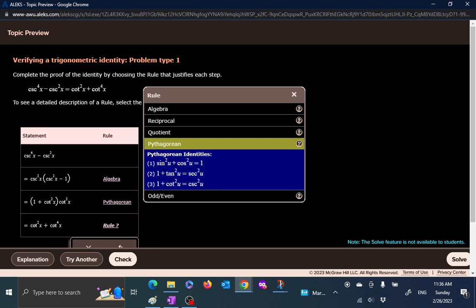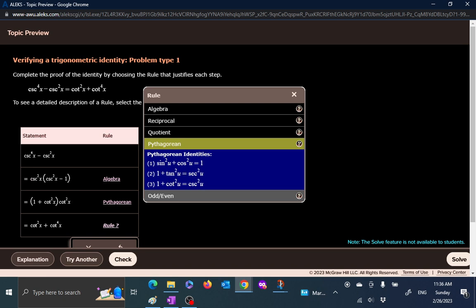So 1 plus cotangent squared is cosecant squared. So cosecant squared can be written in that style. Cosecant squared minus 1 is the same as cotangent squared, and that is the second piece. So that is equal to this, and this one is equal to that one.